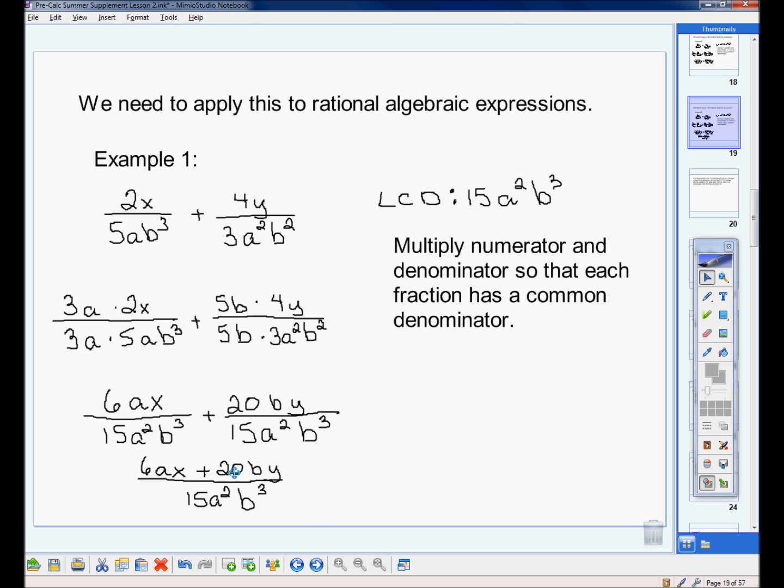There's not an a in both, there's not an x in both, a 3 can be brought out of this one but not here, so there's nothing that you're going to be able to bring out of both of these terms so that you can cancel. So this answer is complete at this point, but I don't want to neglect that you should always check to see if it can be reduced. Many times they can actually be reduced.